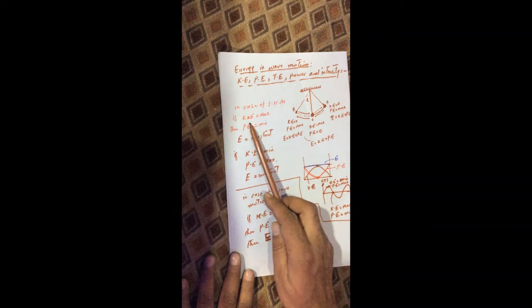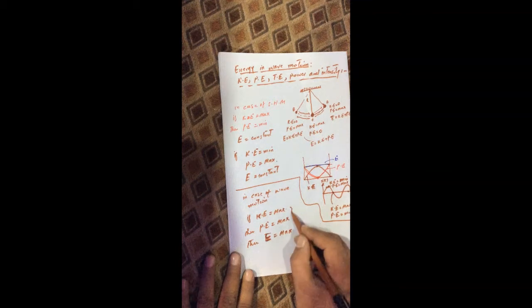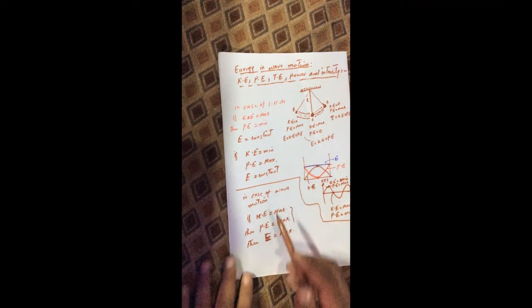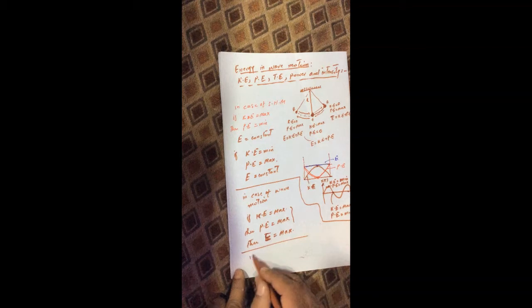In simple harmonic motion, if kinetic energy is maximum, potential energy is minimum at a given point. But here the situation is different. If kinetic energy is minimum at a given point, then potential energy will also be minimum at that point.